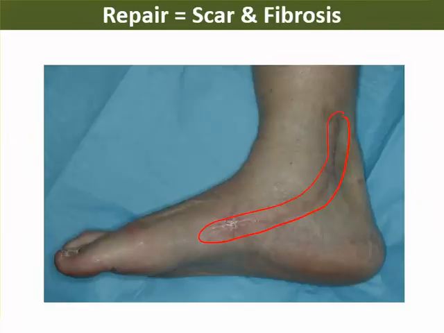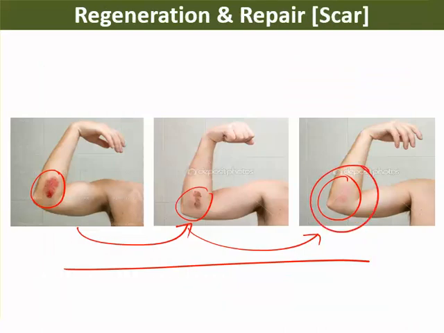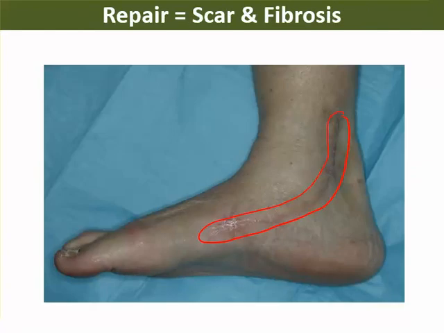This wound doesn't have scar here. It is regeneration. So here it is a repair process where you are seeing deep injury, that is deep incision, where dermis is involved. So it is replaced by the collagen. So that is scar formation. You can see the scar, right?